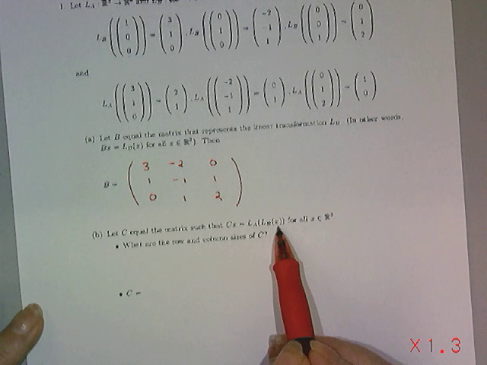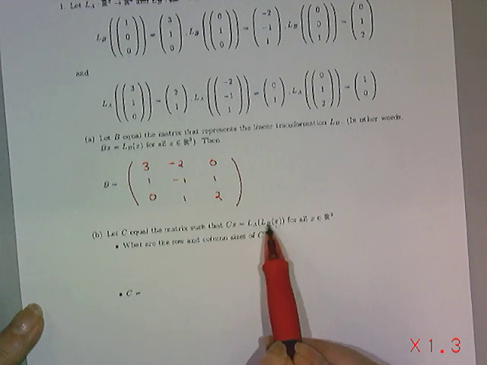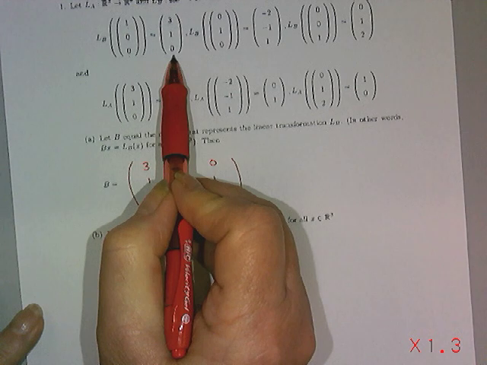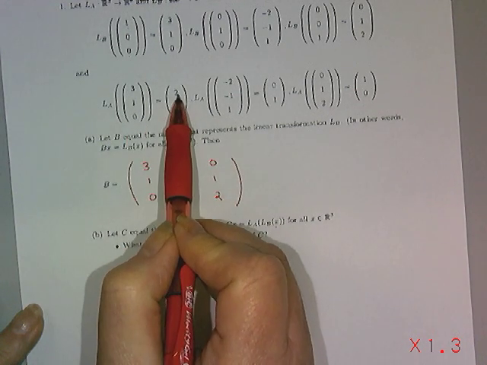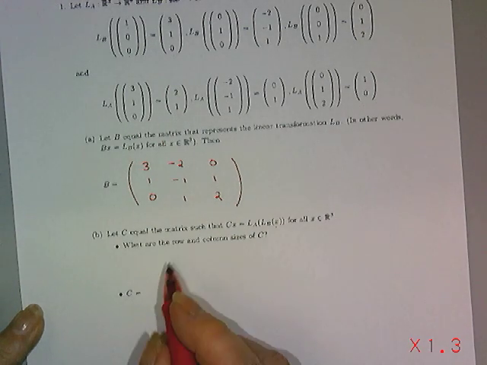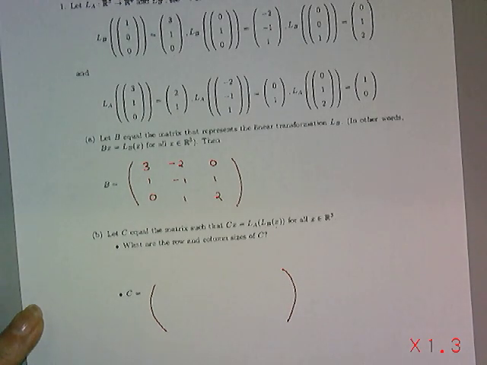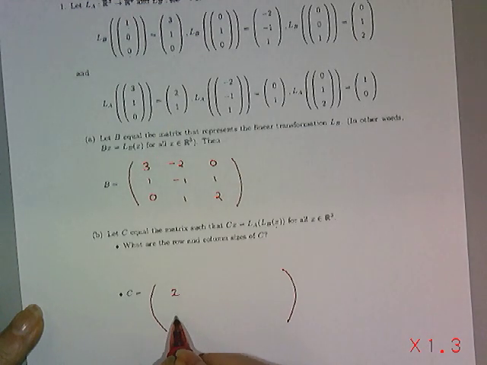So if we input the vector 1, 0, 0 for X, L of B becomes 3, 1, 0. But 3, 1, 0 maps to 2, 1 by L of A. So I know exactly how to determine the matrix C. It's going to have a first column 2, 1.